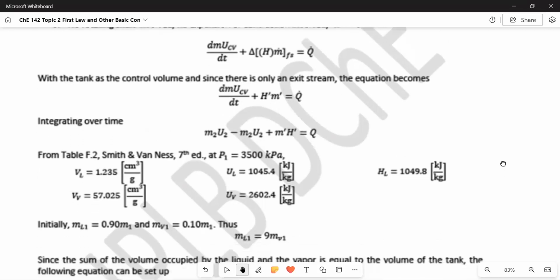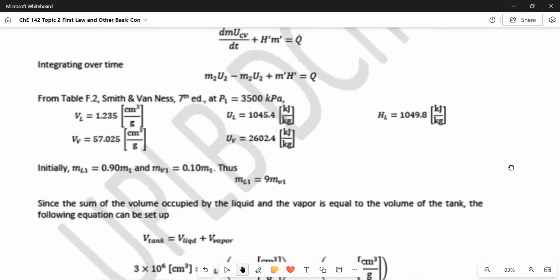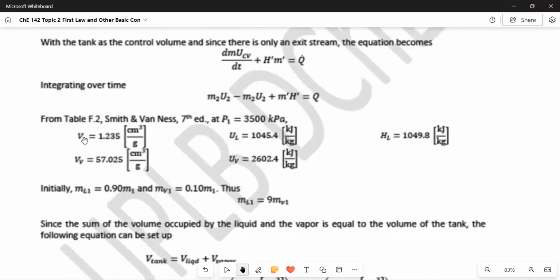And then from the steam table, we get at 3,500 kilopascals. But this is already given in the problem. If not, you will have to read this from the steam table, saturated properties. So we get the specific volume for the saturated liquid, specific volume for the saturated vapor, and also the internal energies.